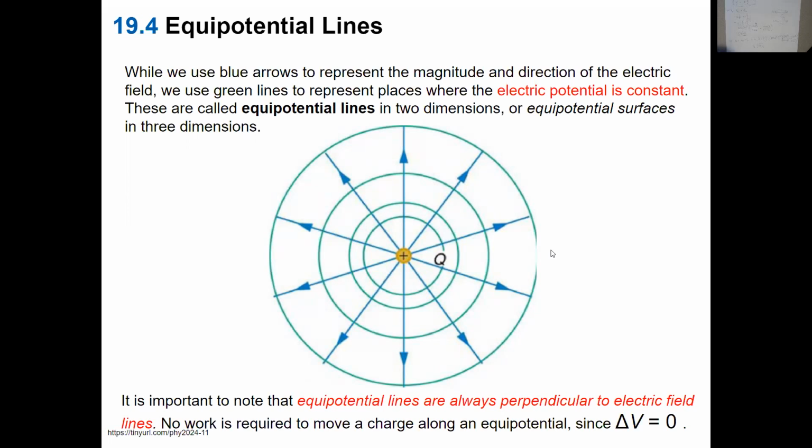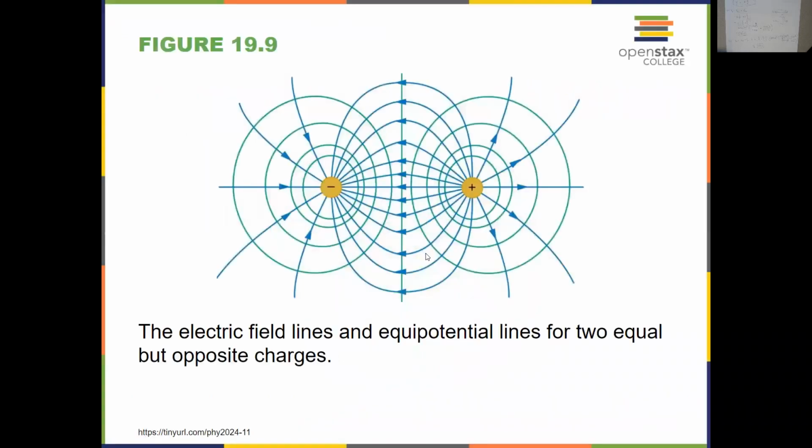All right. So if you have multiple charges in space, like this is the one you are doing this week for the lab, for positive and negative charges, you will see green lines are the equal potential lines, and the blue lines are the electric field lines.